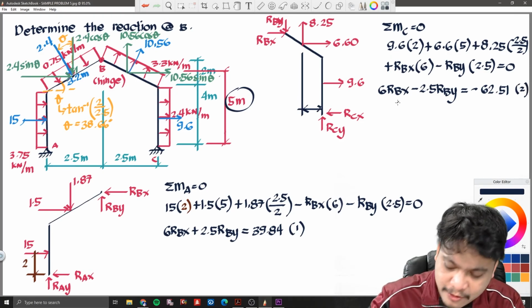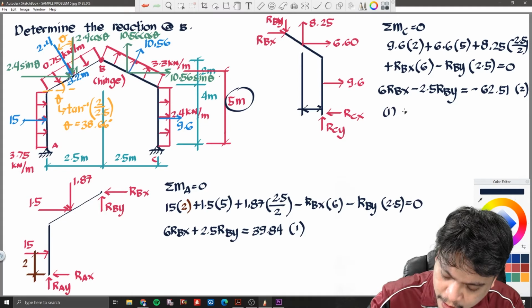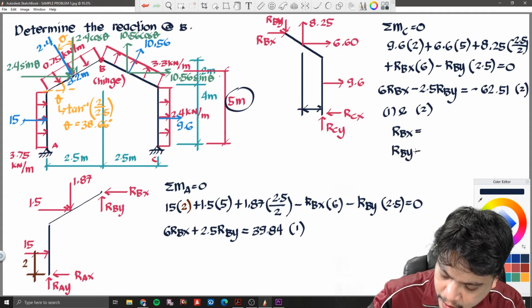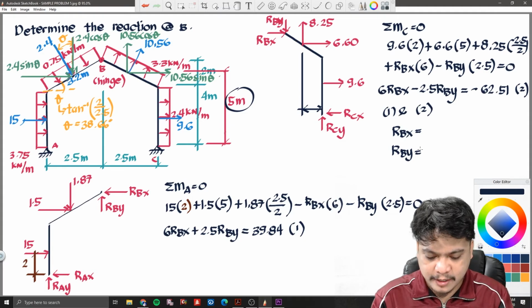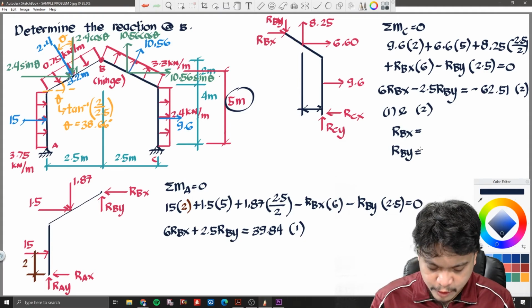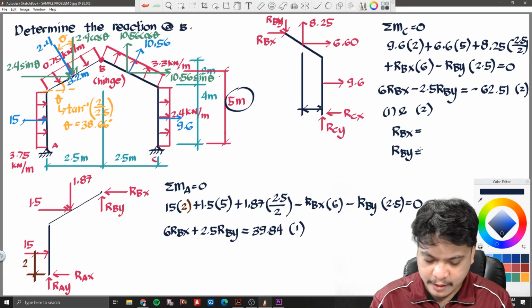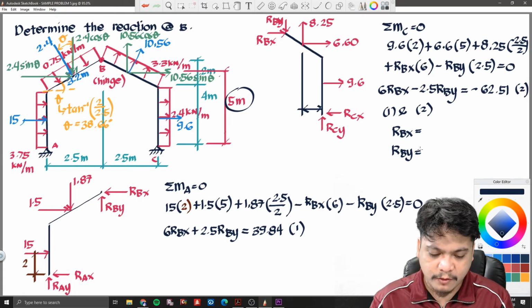Solving simultaneously equation 1 and equation 2. So you will now have the RBX is equal to, and then the RBY is equal to. So let's have it. So equation 1: 6, 2.5, and 39.84. And then you will have 6, negative 2.5, and then negative 62.51.